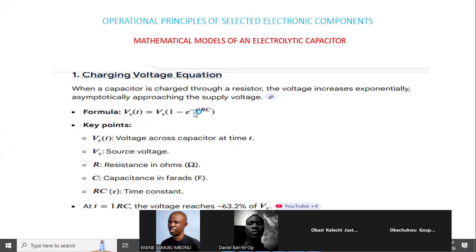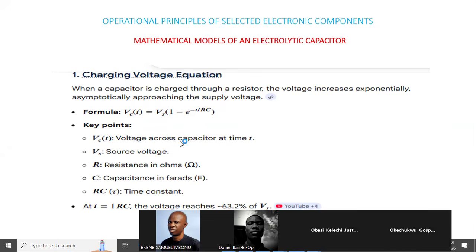When this t goes to infinity, you notice that Vc tends to Vs. As time increases, this exponential component will tend to zero. And once it tends to zero, Vc becomes equal to Vs.